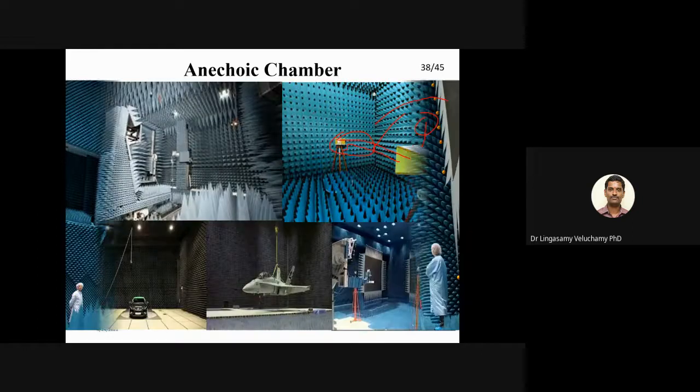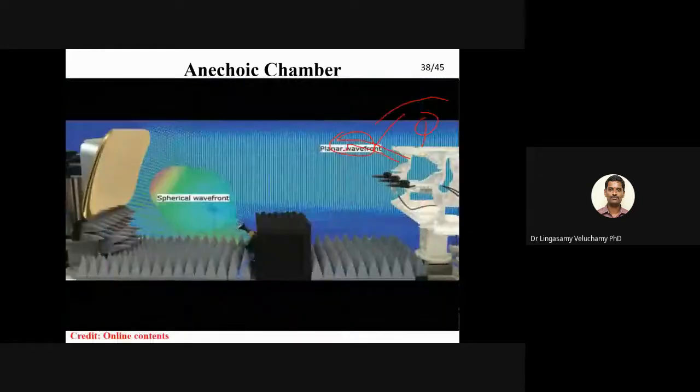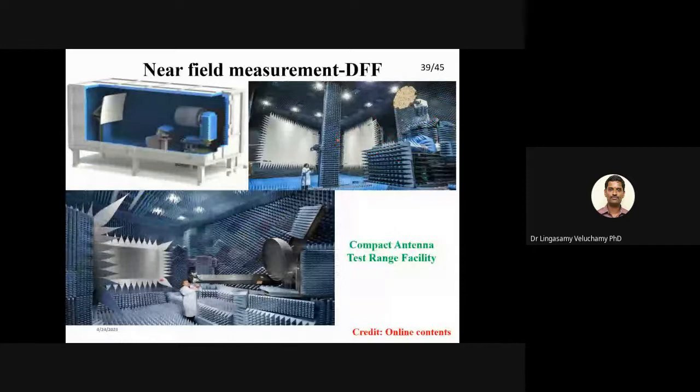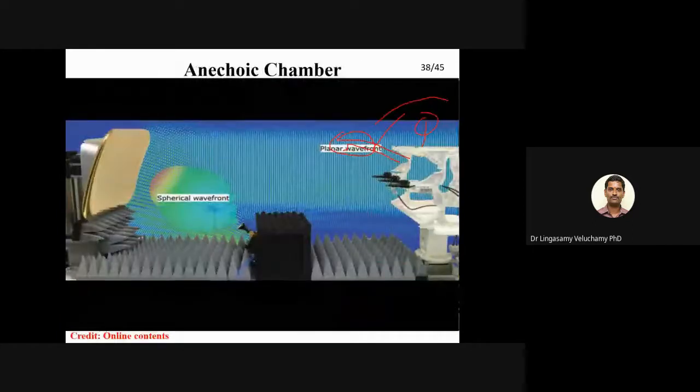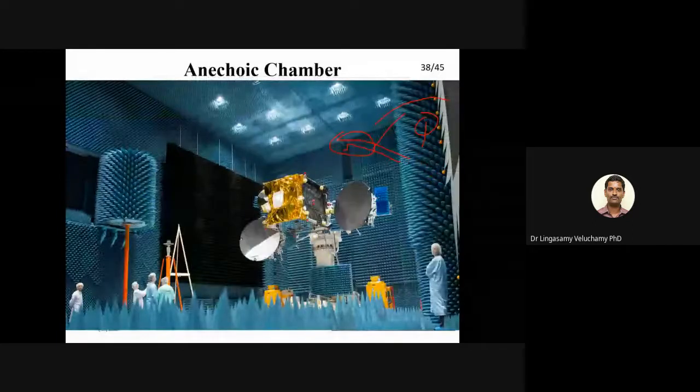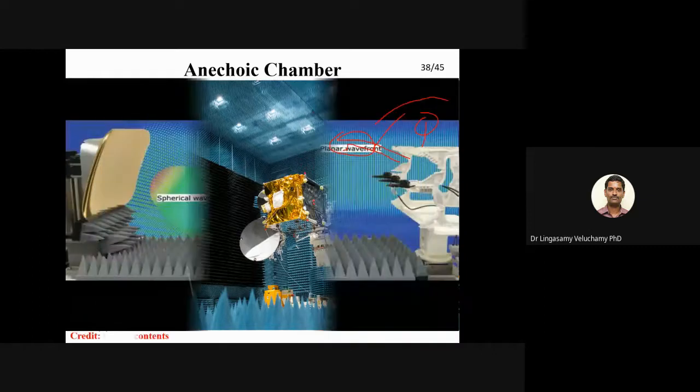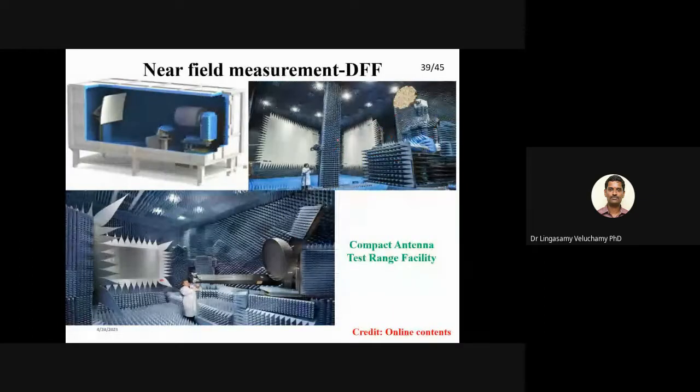So this is how many devices are tested in anechoic chambers. The next method is the compact range. The problem is that constructing a large anechoic chamber is very difficult as well as very costly. So in order to avoid that, researchers have avoided the near field measurements, which can be a direct far field or indirect far field.